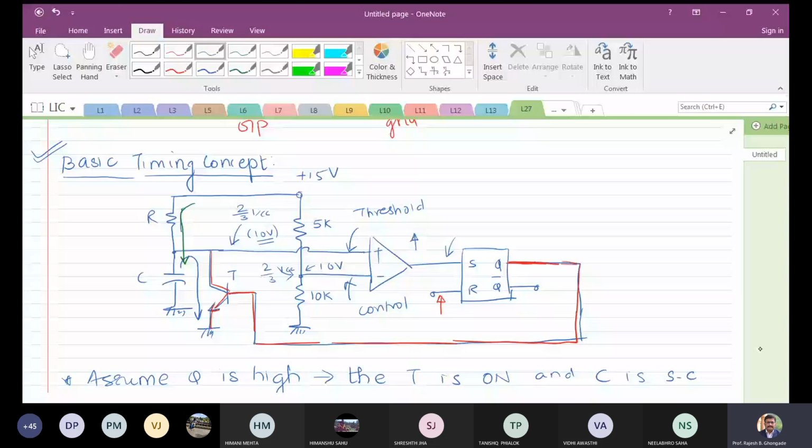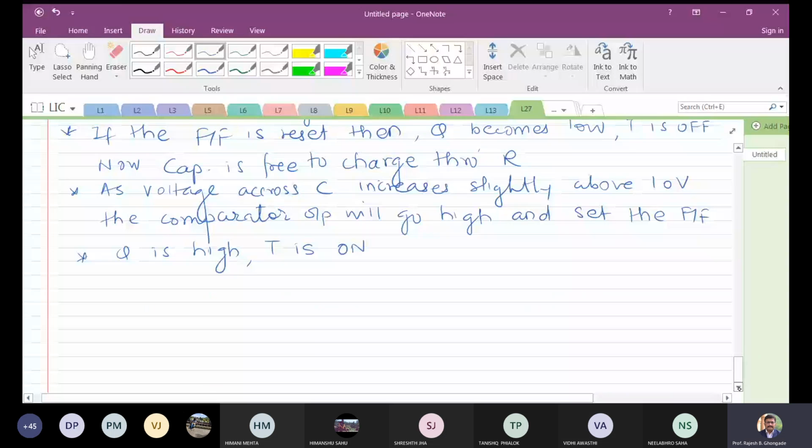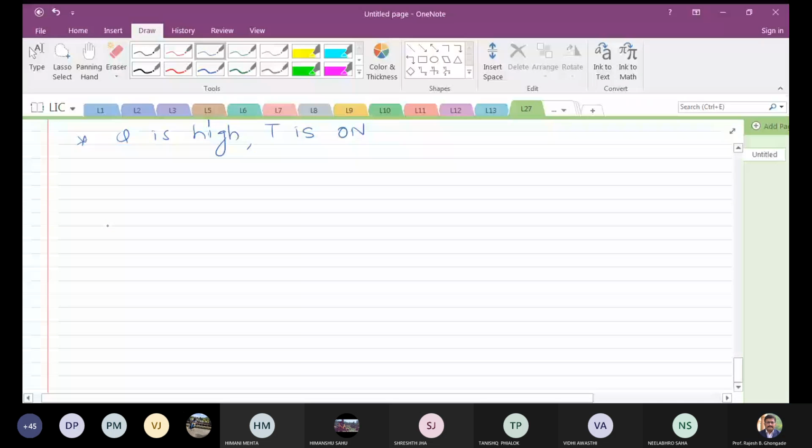All right. So the type of waveform that we are looking at is something like this. The capacitor, this is the threshold voltage, let us say. That is voltage across capacitor.